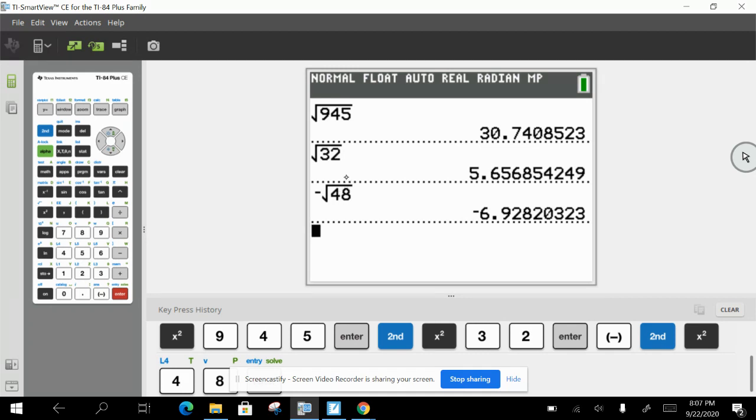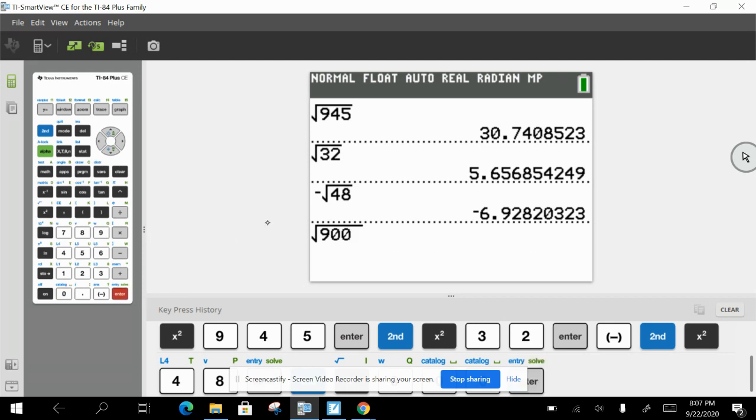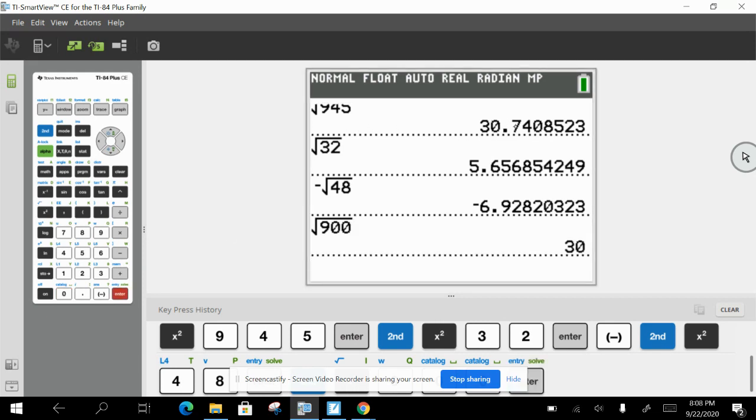So to maybe guess what a square root is, think about what perfect square it's close to, okay? All right, so anyways, for example, the square root of 900, you might know is 30. So the square root of 945 is just a little bit over 30. So negative 6.9.